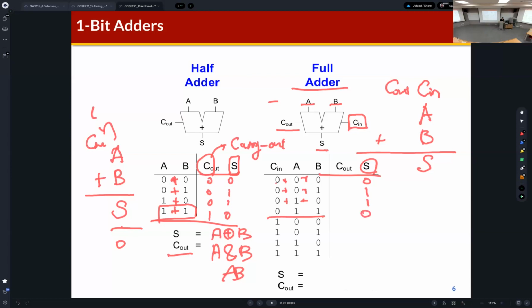It's 0, right? Then same for 1, 0, 0, 1. This is 1, and then 1, 1, 1, 0, 1, 0. How about C out? C out will be 0, 0, 0, 1, 0, 1, 1, 1, right?